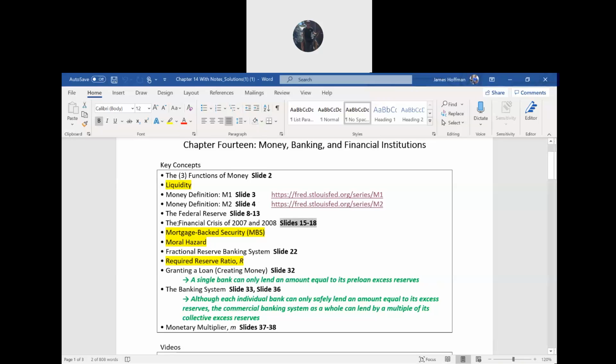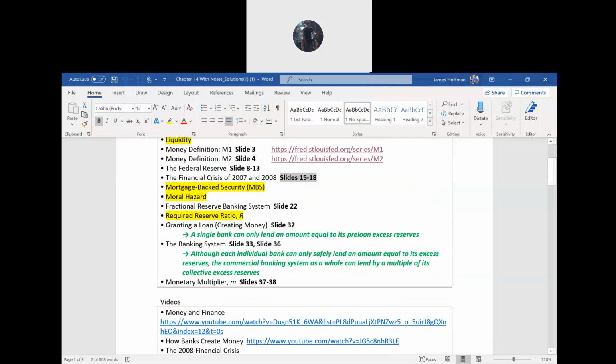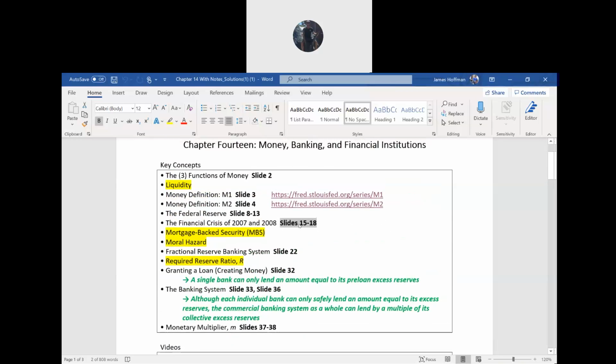All right, so let's look at slides 15 to 18 and just go through some key points on the financial crisis. There's a video that I'd recommend watching, and you're probably well familiar with some of the literature and points from there. But I just want to cover this because this is where this fits into the syllabus.